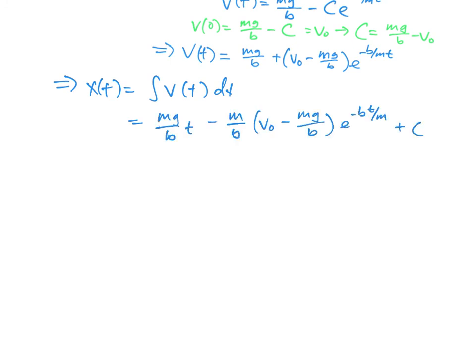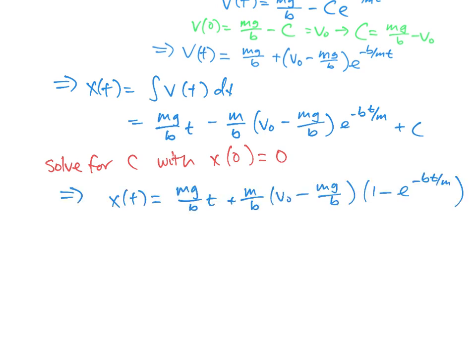So we have this formula, there's a constant in it, so we can solve for that constant c. We know our initial position, x of 0 equals 0, because we said that we were going to start at the origin. And so once we solve that, we get our final answer.